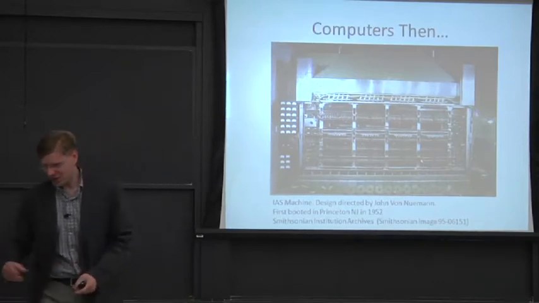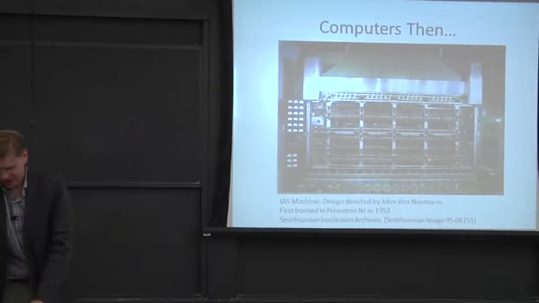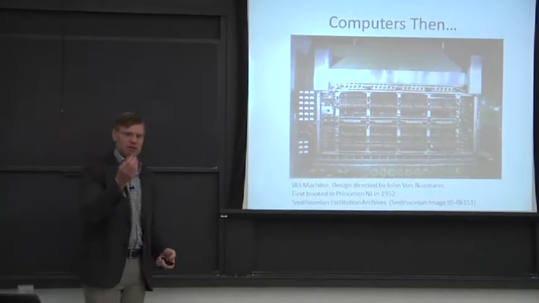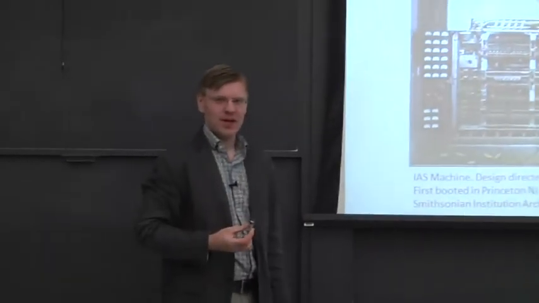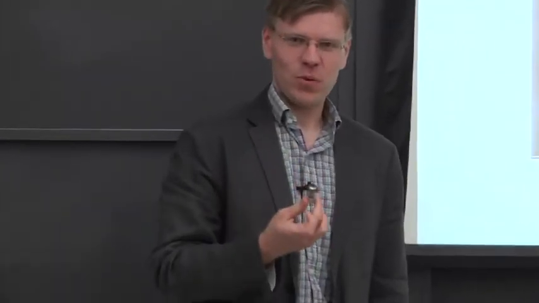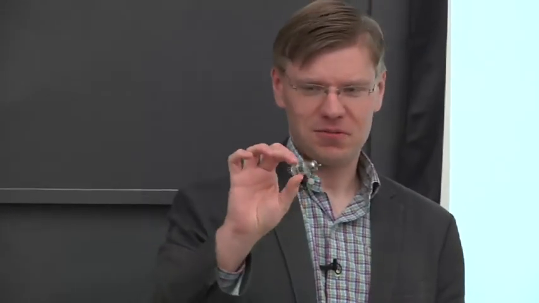And one of the interesting things here is that this machine is built out of vacuum tubes. So everyone thinks about transistors today. Well, before we had transistors, we had little glass tubes that looked like light bulbs. Inside of those were switches that could be switched, a very similar idea to what a transistor can do.